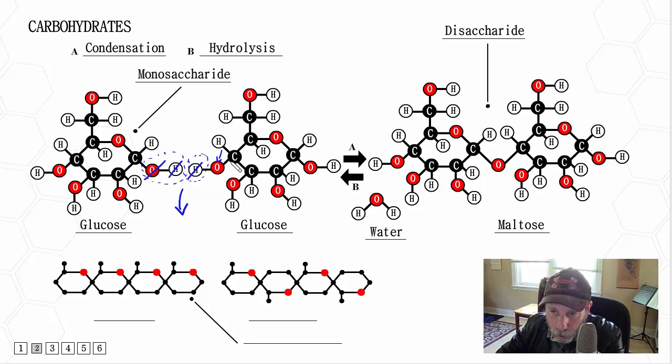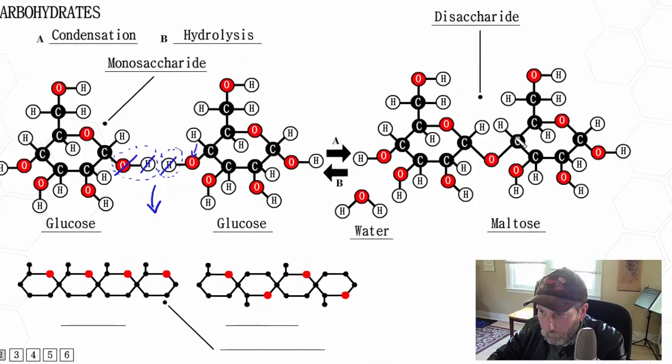Now, can you see on this side what the linkage would be like? It would be carbon to oxygen to another carbon, just like this: carbon, oxygen, carbon. Carbon, oxygen, carbon. Or let's go back over here and let's circle this right here.